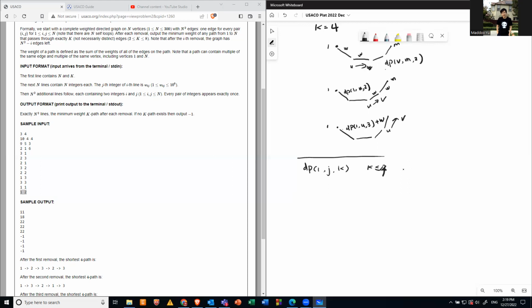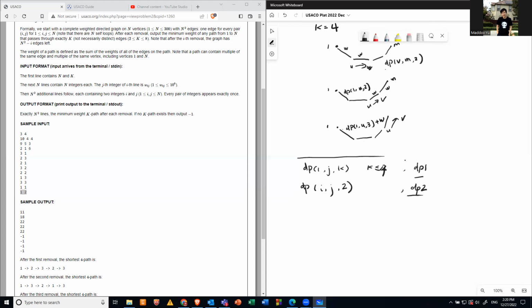You can call this dp1. The other dp is i to j, any other point, but I only use k of 2. I don't need to use 3 and 4. Let's call it dp2. Basically, calculating those 2 will make your job easier.